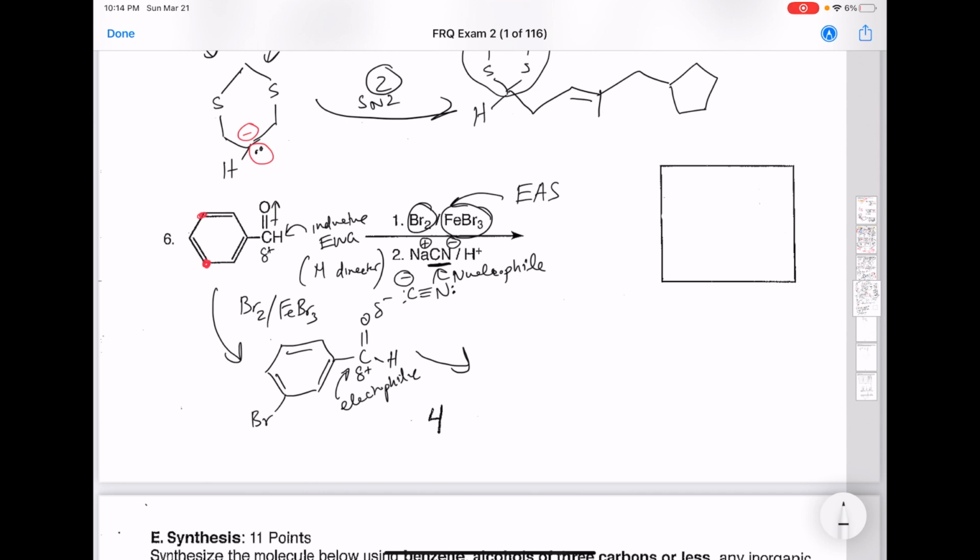Right, so this lone pair is going to go and see this partial positive charge, and it's going to attack it. And when that carbon forms that bond with this carbonyl carbon, it causes the lone pair on the carbon-oxygen double bond to migrate upwards to the oxygen, and we are left with a salt. So let's see what we get.